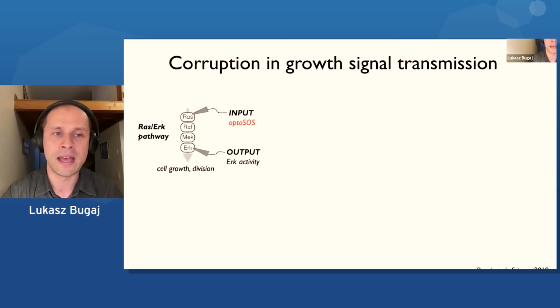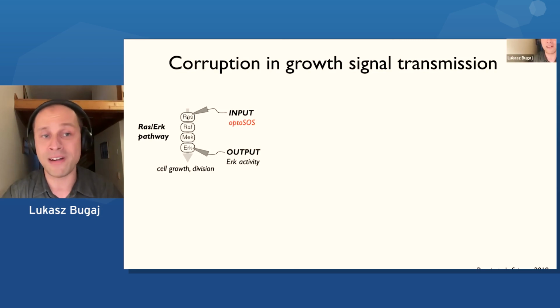This is work that really started when I was a postdoc at UCSF with Wendell Lim, and this was really just a hypothesis at that point, right? So we knew we had these tools, but the question was, can we first quantify signal processing, and then can we actually measure changes that are meaningful in the context of cancer? And so we started with cancers that are mutated in this particular pathway called RAS-ERK. This is an ancient pathway involved in growth and proliferation and differentiation.